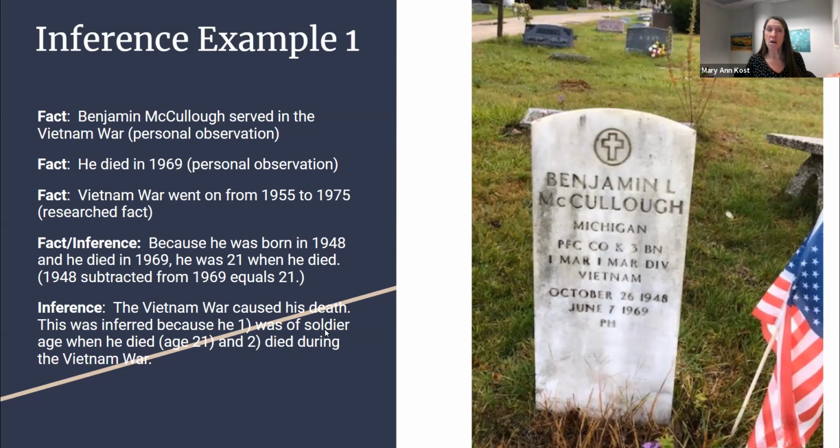One, he was of soldier age. He was 21, and he died during the Vietnam War, which went from 55 to 75. And so he died in 69, which was before the Vietnam War ended, and he was 21. So when you do these war inferences, you've got to make sure that that soldier was of soldier age.